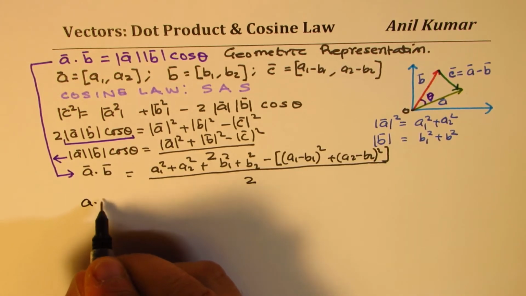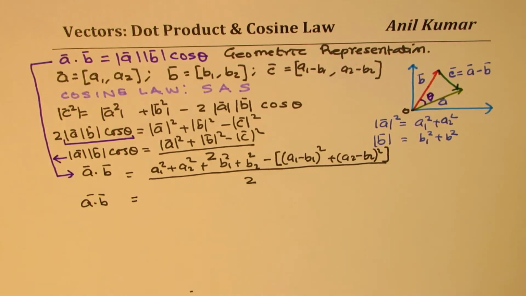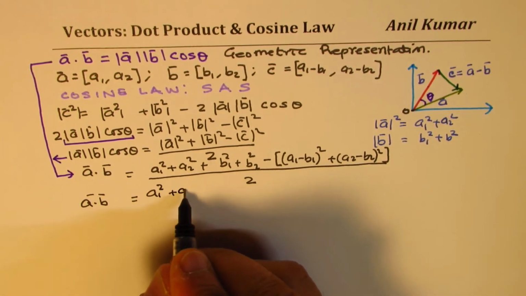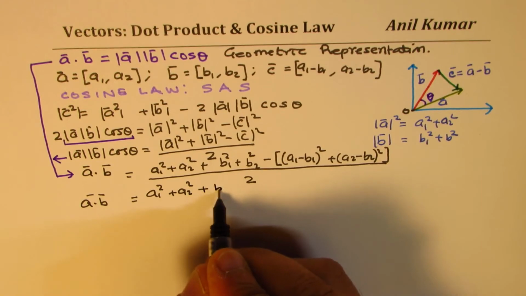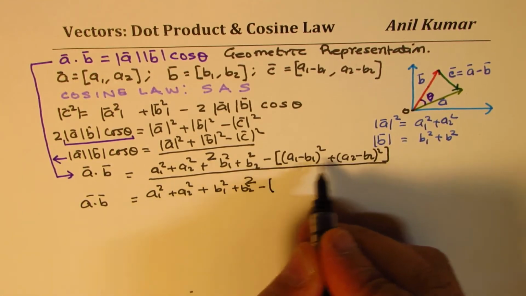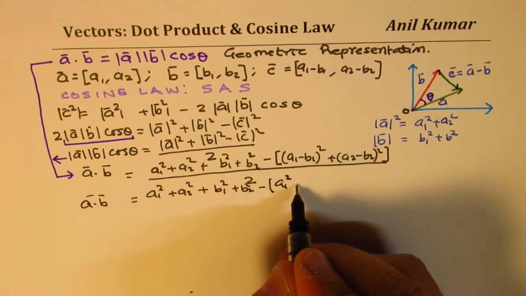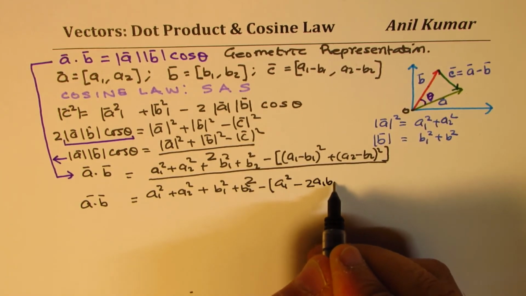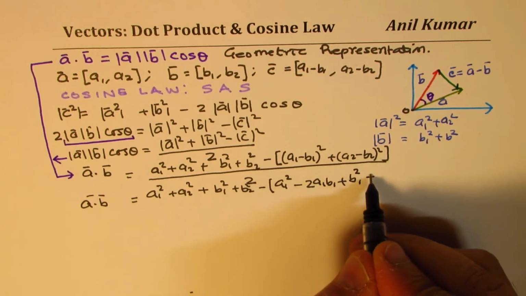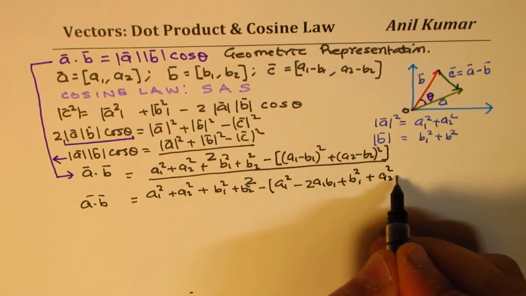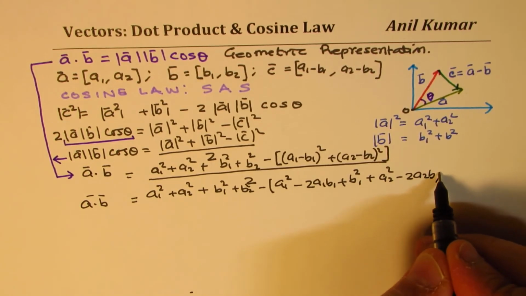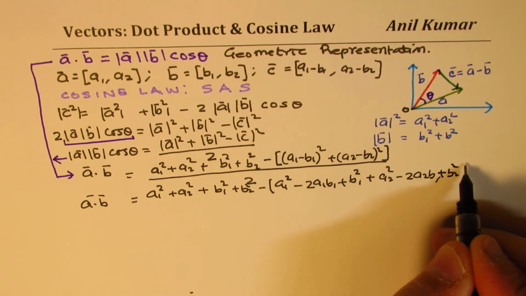So we finally get A dot B equals to what? Let's expand this. So we have A1 square plus A2 square plus B1 square plus B2 square minus, let's expand, we get A1 square minus 2A1B1, right, plus B1 square. And this gives me A2 square minus 2A2B2, right, plus B2 square.